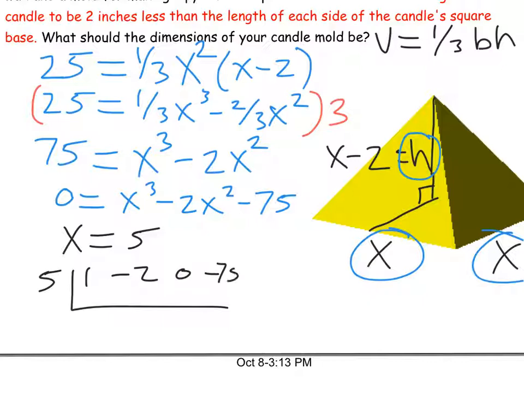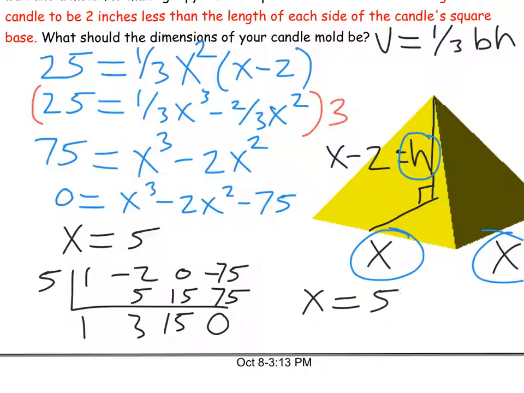We should have just gone to check the cases with synthetic division. That step still needs to be in this problem. Kind of a formality. I mean, it's important to do, but we know it's going to work. X is 5 inches. Now I got to finish by answering the question, which is about h.